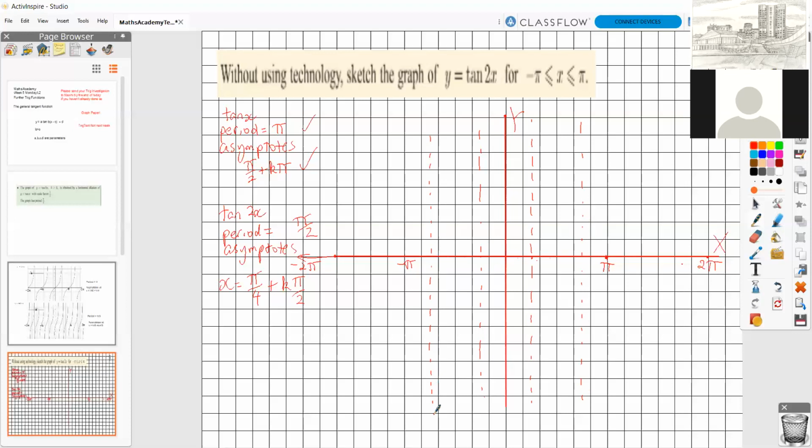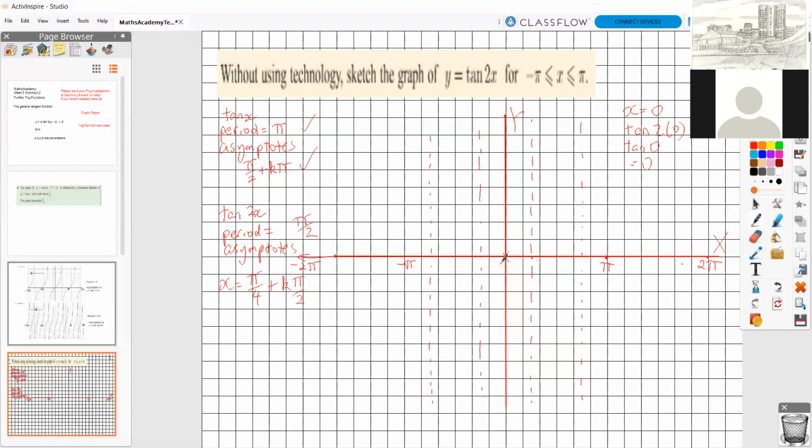Next thing you do is work out where the tangent is 0. Well, when x is 0, tan of 2 times 0 is tan of 0, which we know is 0. So certainly we've got this one is 0. Where else will there be a 0?